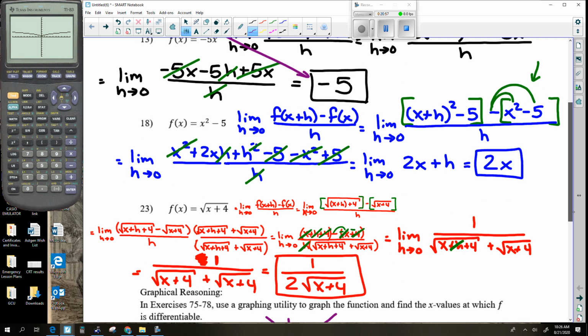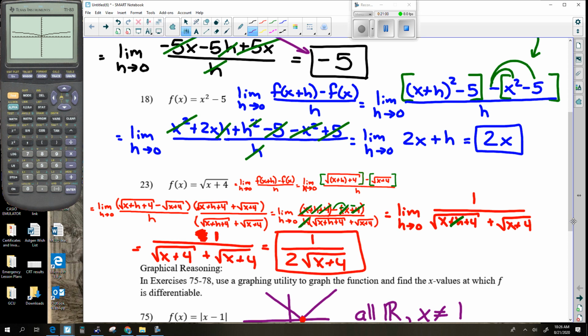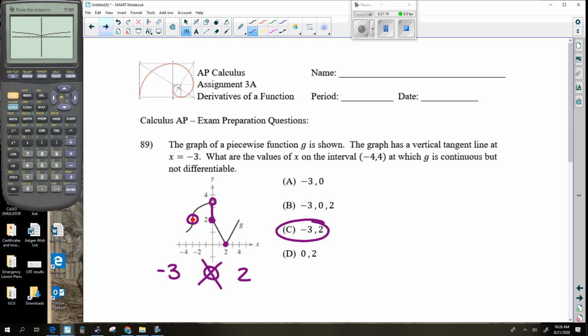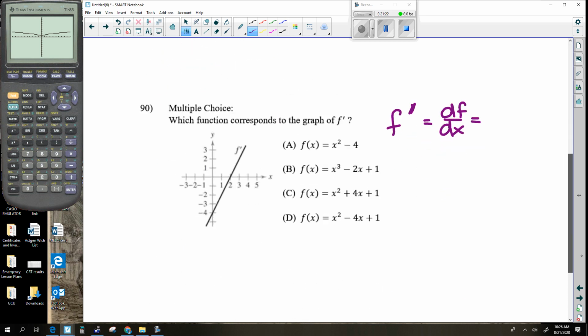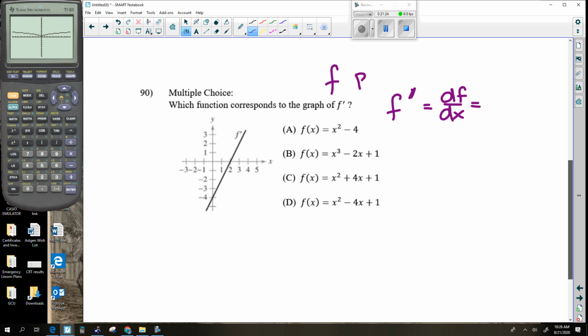In number 18, if f of x is equal to x squared minus 5, f prime of x, its derivative, is equal to 2x. That's what that symbol means. It's called prime, so this is f prime. If there are two slashes, it'd be double prime. It is the derivative, the slope of the tangent.